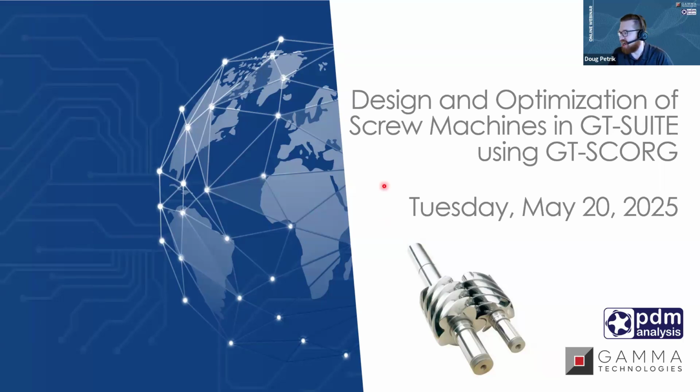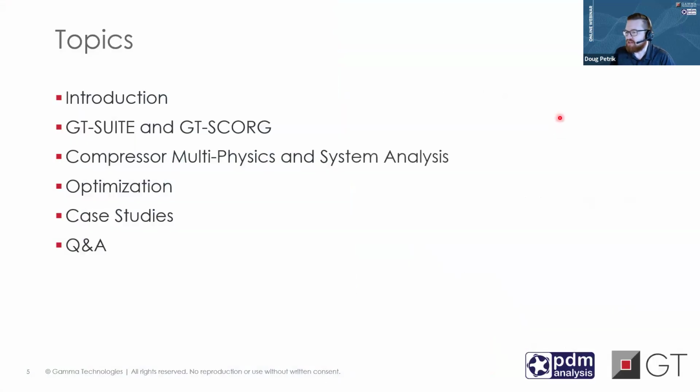For the sake of time, I'll jump right into the webinar here, and here's an overview of the topics we'll cover today. If you haven't heard of GT Suite or SCORG before, we'll give an introduction on Gamma Technologies and the software, and Professor Kovacevic will give some insight on the screw machine industry and the software SCORG.